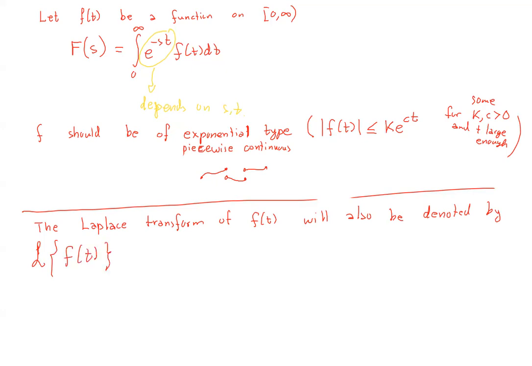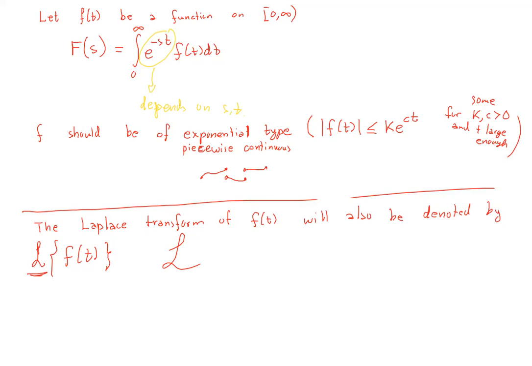We will denote it like this, and we will think of this as a function of s. So this calligraphic L, for Laplace, and you have these curly brackets, and you have your function inside.